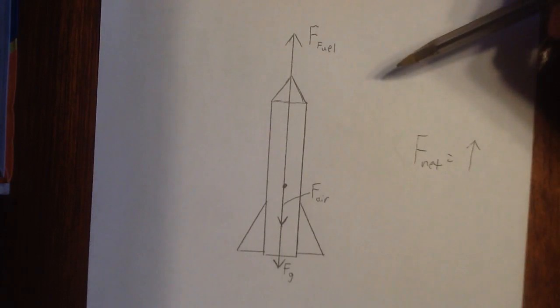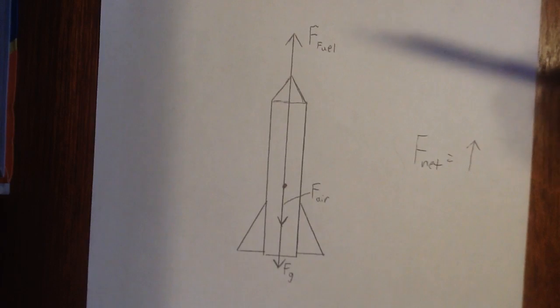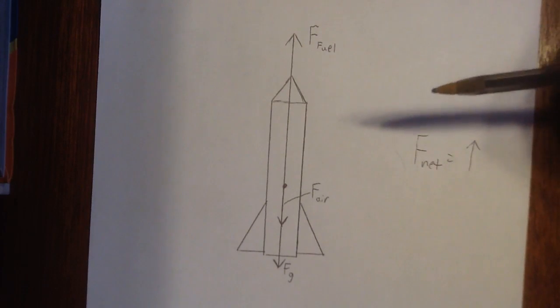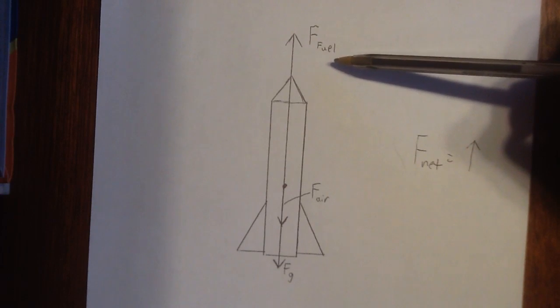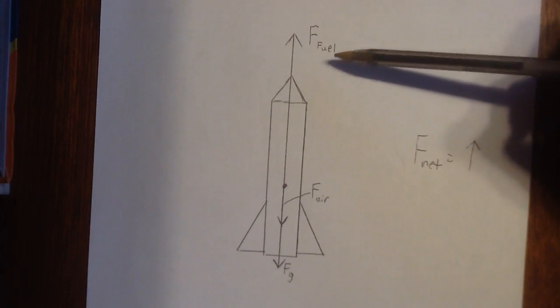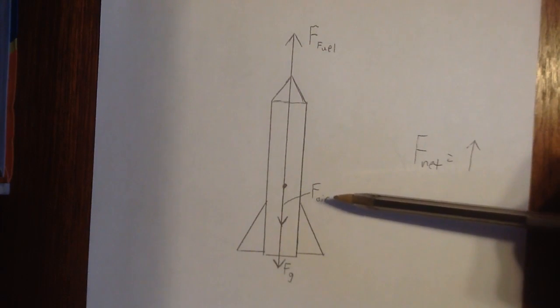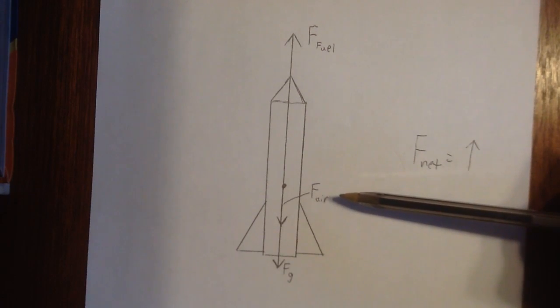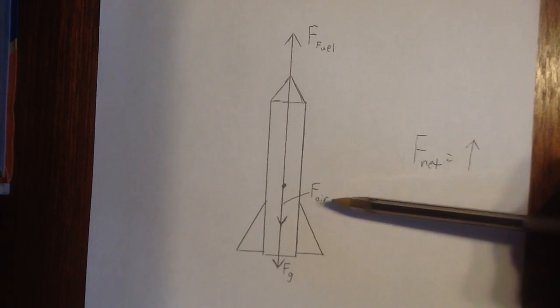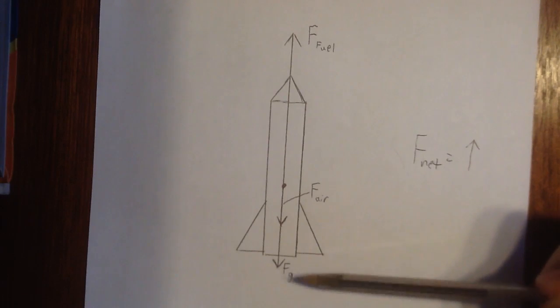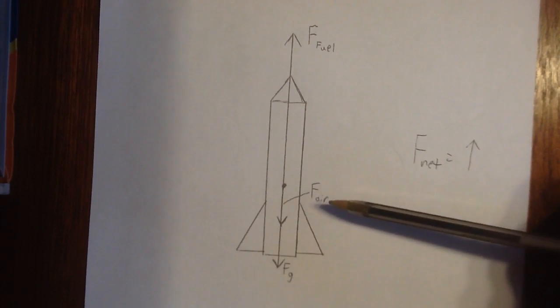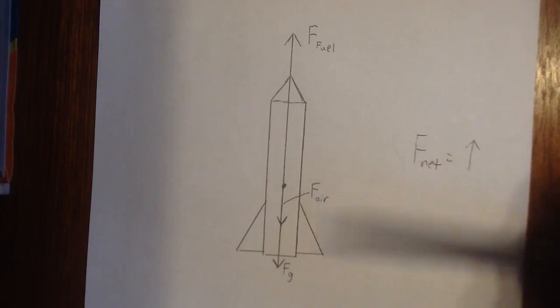So as you saw in our first launch, there are several forces that act on a rocket in flight. You have the force of the fuel burning, which is what propels the rocket forwards, the force of air resistance, which pushes back the rocket, as well as the force of gravity, which acts pretty much the same as air resistance as long as the rocket's facing straight up.